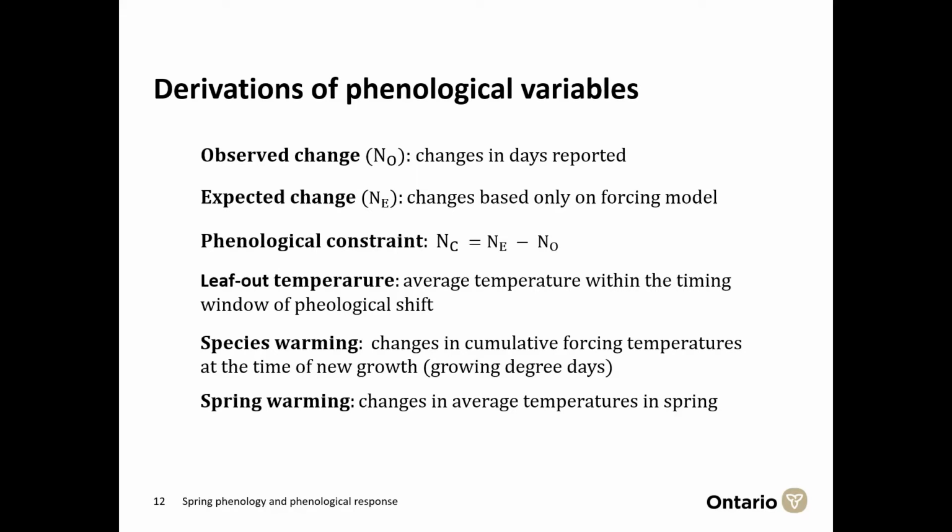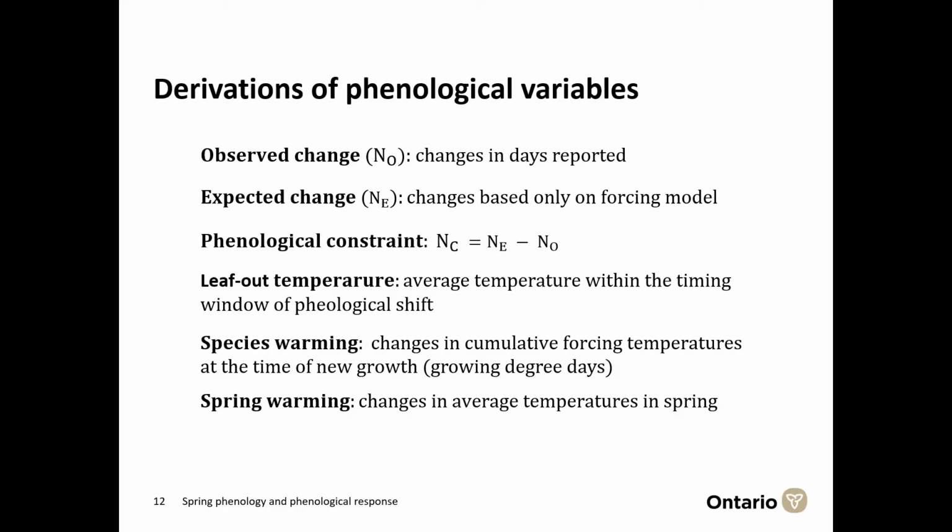Expected changes are those based on the change in forcing temperatures from climate warming between control and warm group under the assumption of forcing models. The difference between expected and observed change reflects the constraint of all factors that may include insufficient chilling for the period, drought, or other stresses.